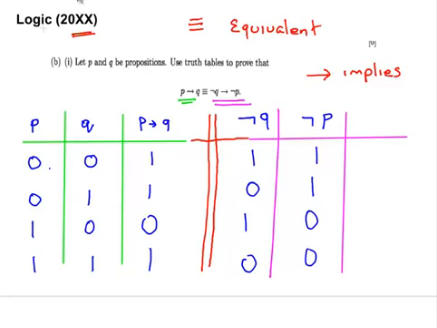Making them two separate tables is probably overstating it a bit, but just make it obvious that you're doing two different operations. Anyway, going back to what I was saying, not P and not Q.